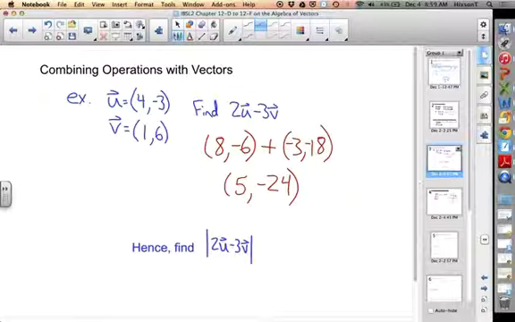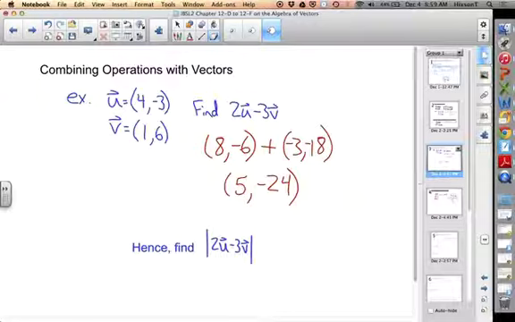And then, of course, we can use that to find magnitudes of these combinations of vectors. All right? Take a moment here and find the magnitude of that vector. Since it's negative, shouldn't it be negative? Well, that's what I was saying.